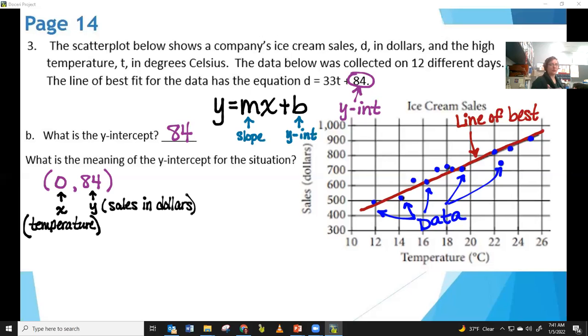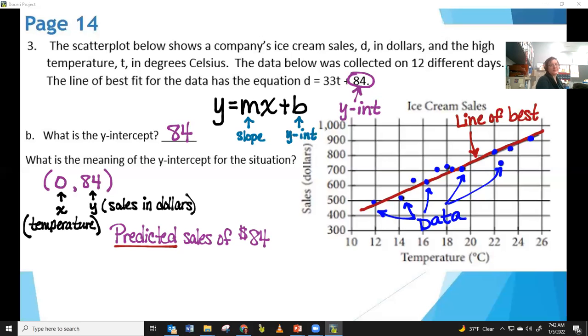Now I can take this and I can write it as a sentence. So just like before, because this is coming from my line of best fit, this is a prediction. So this is predicted sales of $84 when the temperature outside is what?